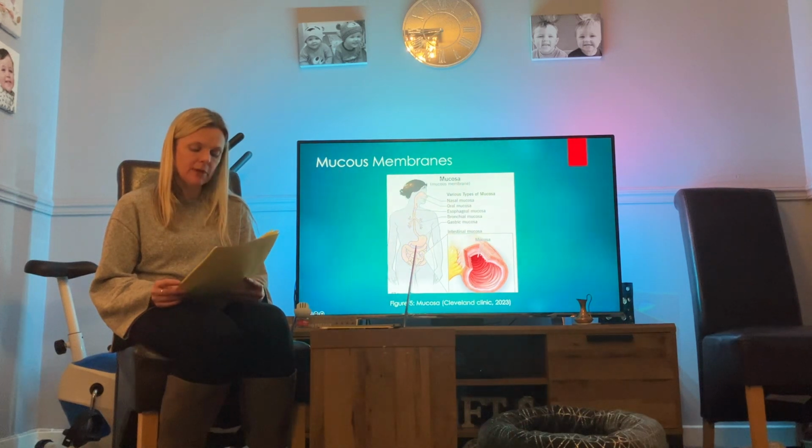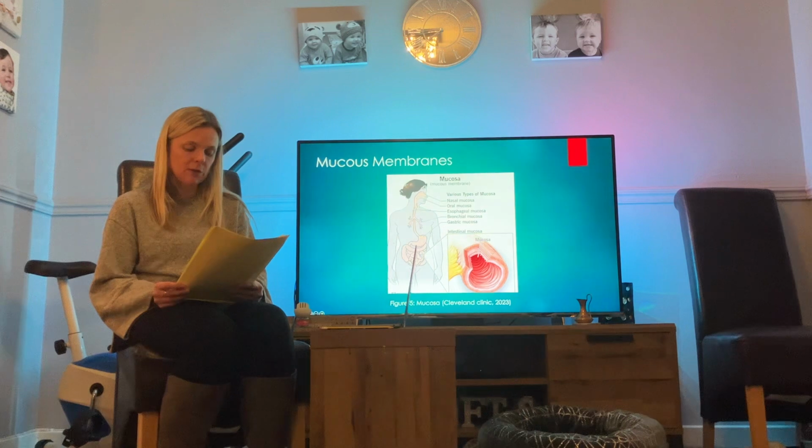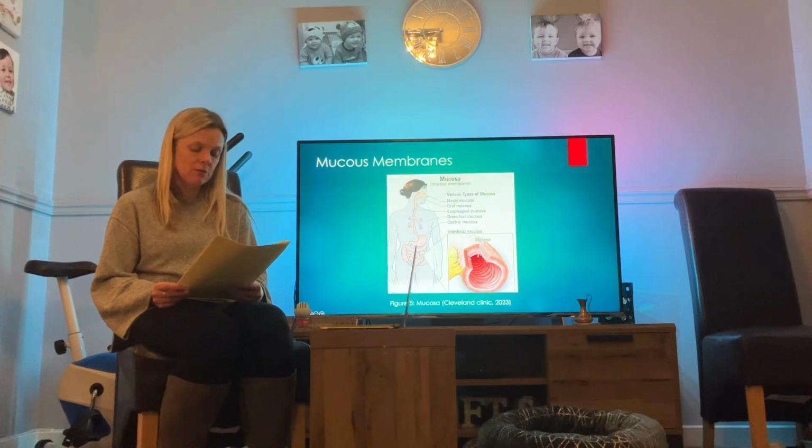These membranes line the eyes, nose, mouth, respiratory tract, GI tract and reproductive tract, basically any tract or cavity that is exposed to particles from the outside world. Glands within the mucous membranes produce a sticky substance called mucus. Pathogens become trapped by the mucus and are then eliminated from the body. We have 200 times more mucosa as we do skin, meaning that mucosa is the body's largest protective barrier.